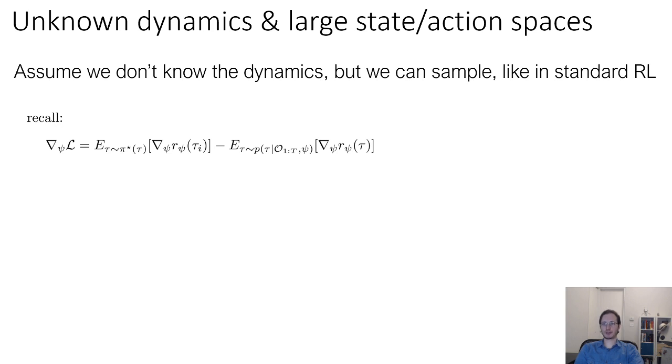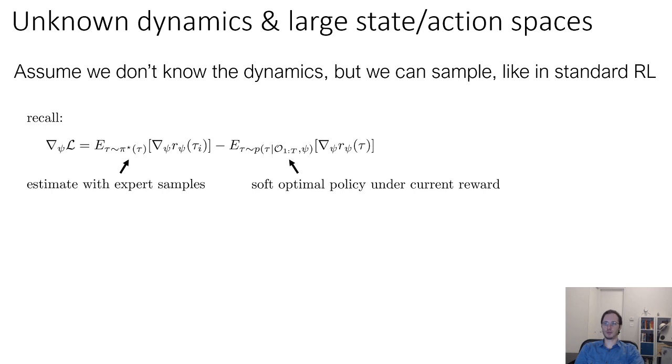The expected value of the gradient of the reward for trajectories sampled from the expert minus the expected value of the gradient of the reward for trajectories sampled from the optimal policy for your current reward function. You can estimate the first term easily by using the trajectory sampled from the expert. So the biggest challenge is really the second term, which requires the soft optimal policy under the current reward.